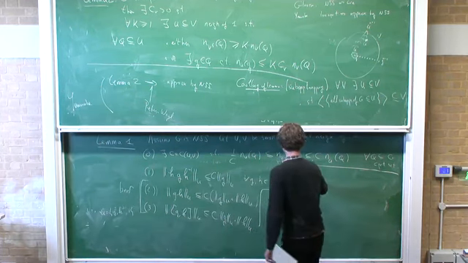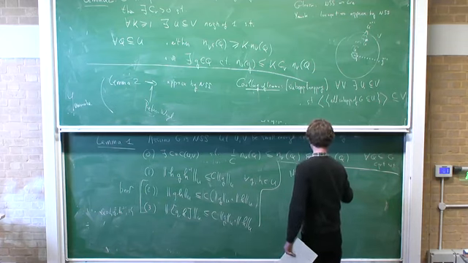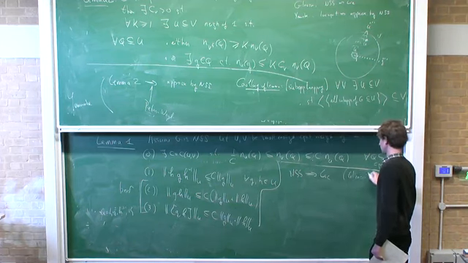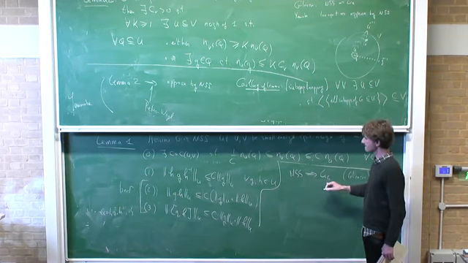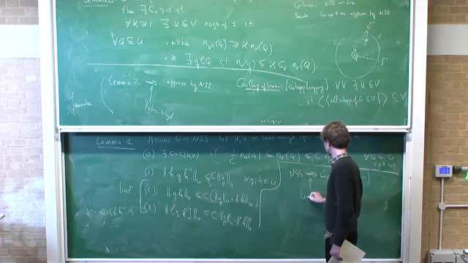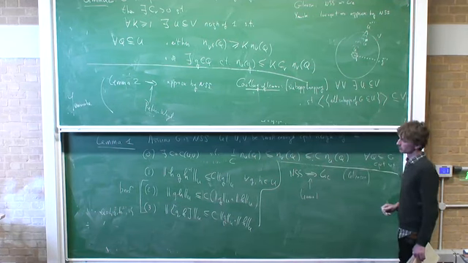What about NSS implies Lie? Gleason. So NSS implies Lie uses lemma 1. And let me tell you in what way.